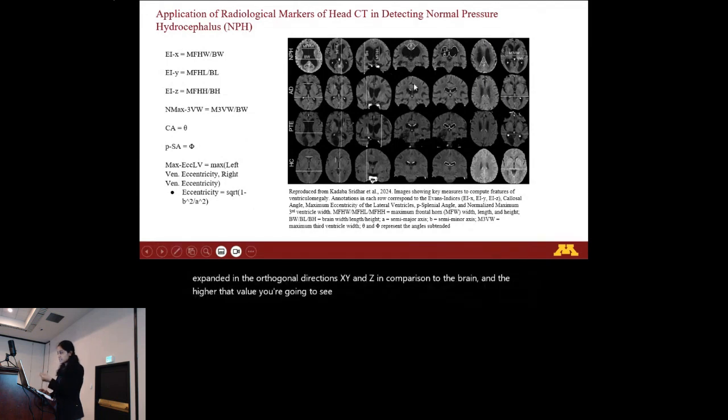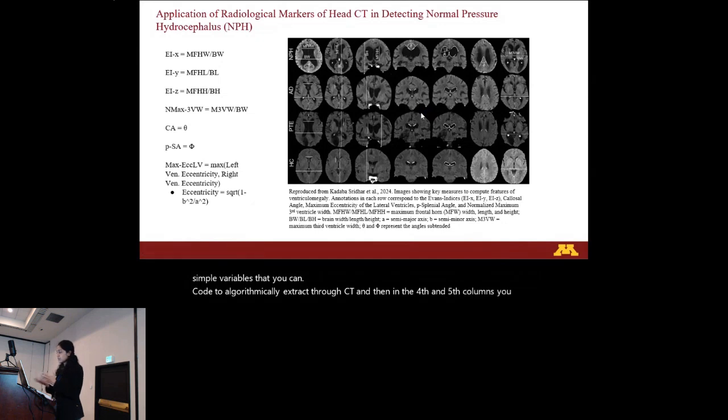These are extremely simple variables that you can code to algorithmically extract through CT. Then in columns 4, 5, and 6, you can see angular measures, which are again capturing how much your ventricles have expanded and how much they're squishing the brain in a way. And the final column represents the 3rd ventricle width.